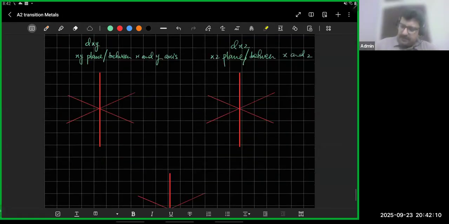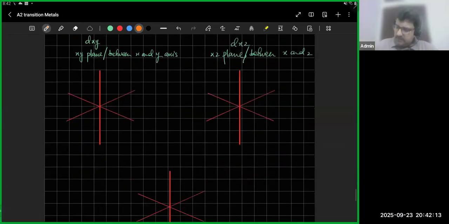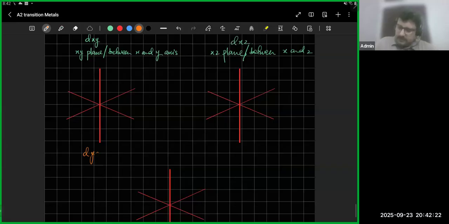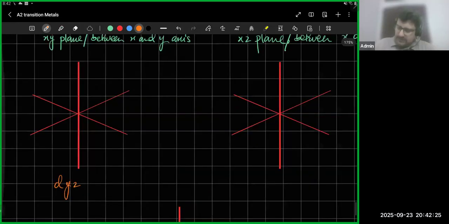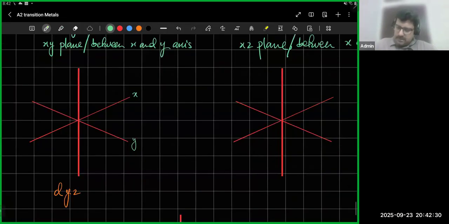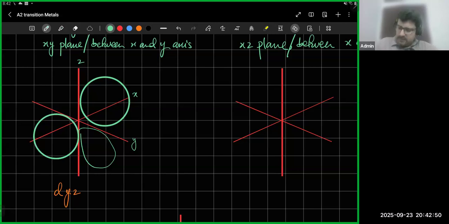I'll draw one more. So we got XZ, XY, and now there's going to be YZ. You got X, Y, and Z, and your electron density is going to be between the Y and Z axis, on this side and on this side.